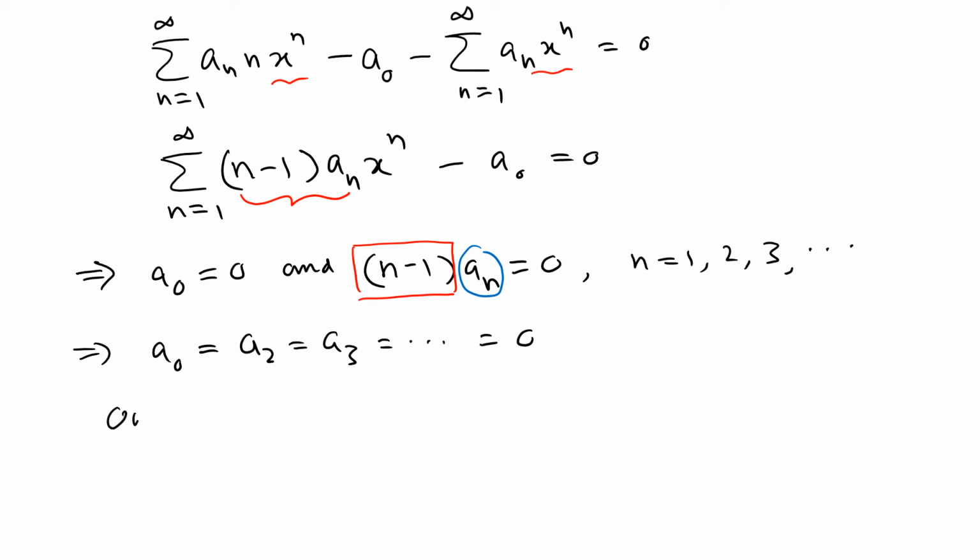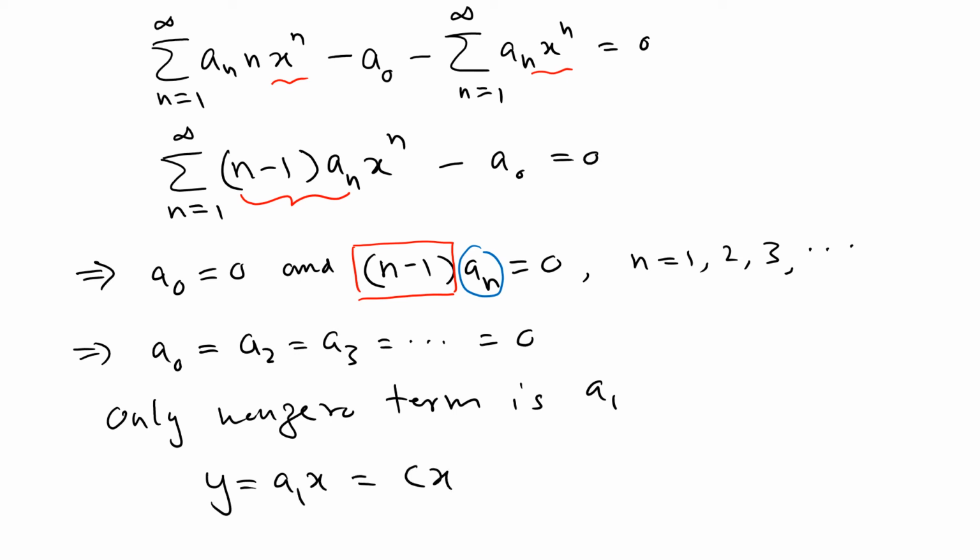The only non-zero term is a1. So that means the solution is y equals a1 x, or c x. So that is how you use the series solution method for a problem like that. It's a very simple and interesting argument.